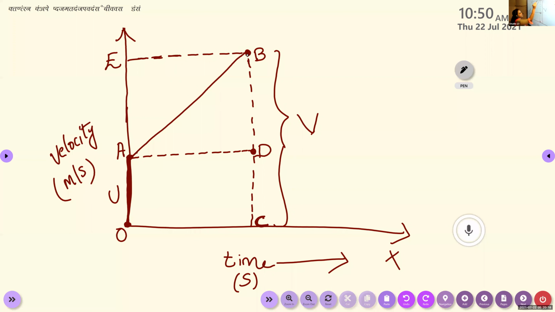Then we draw another line perpendicular to the velocity axis and take it as BE. Here we also draw another line AD, parallel to the time axis. And this OC is time T.